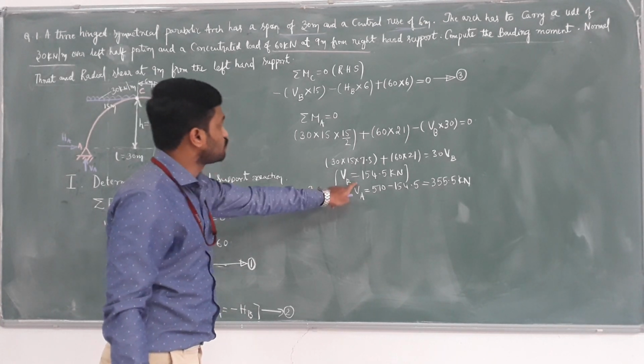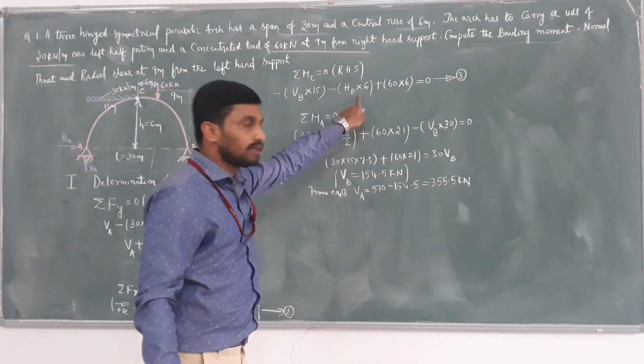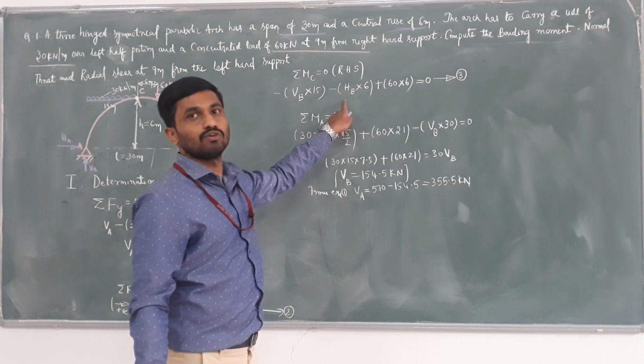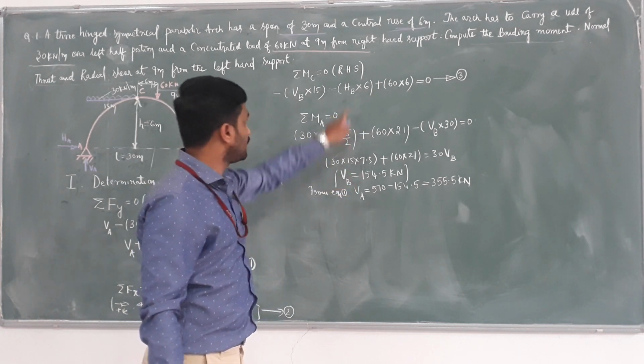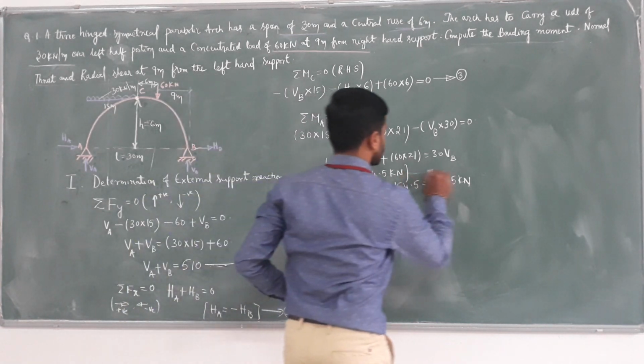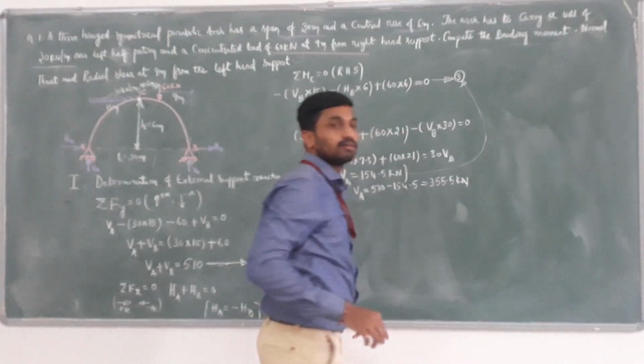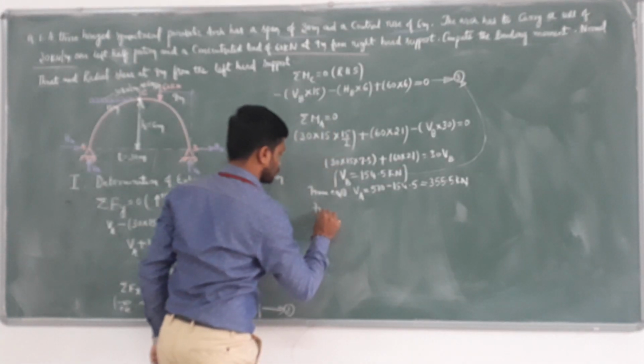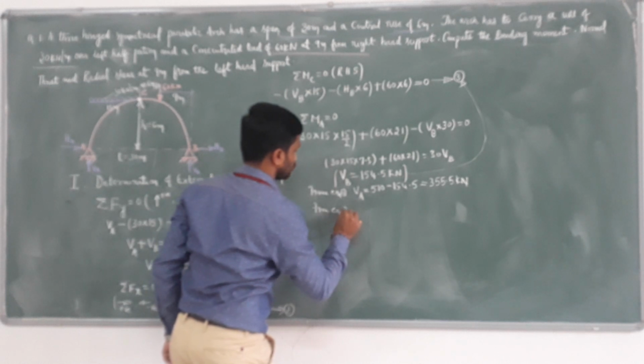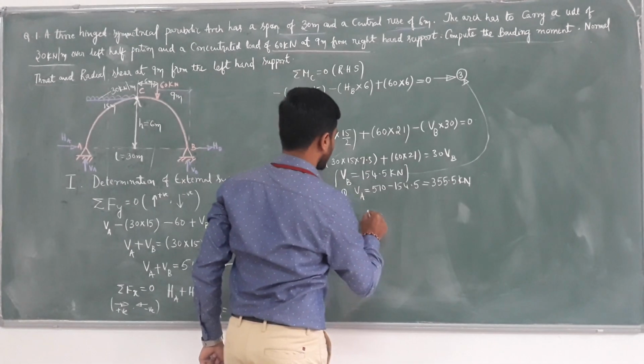Now substitute this VB value in equation number 3. We are getting the HB value. From equation number 3, please compute the HB value.